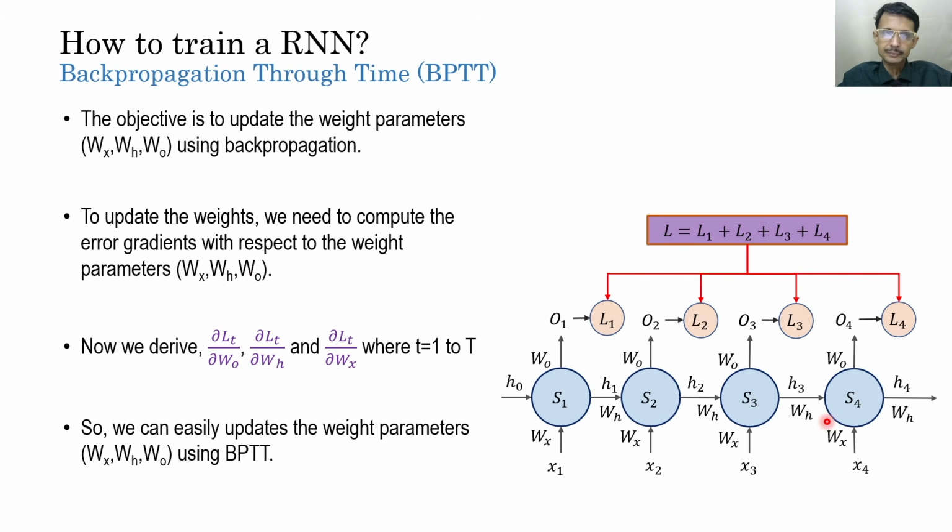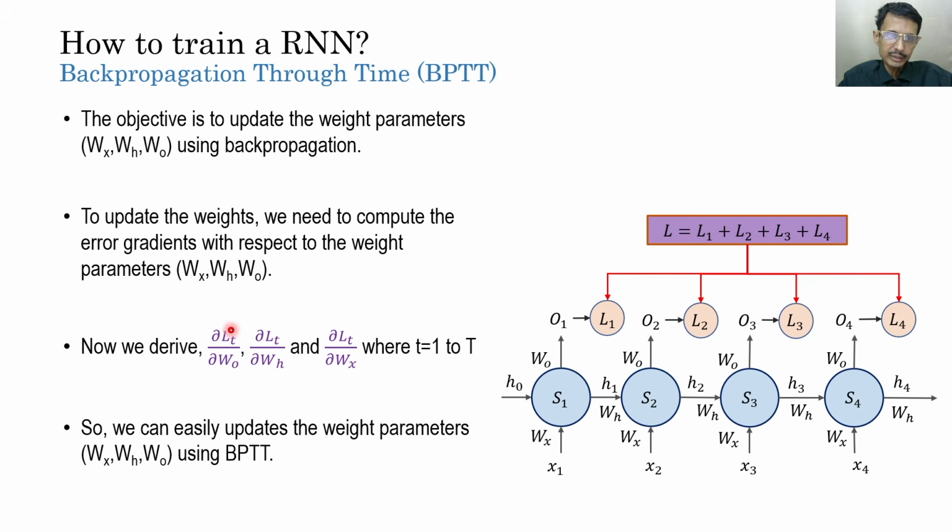To summarize, in this BPTT algorithm for the simple RNN, the main objective is to update the weight parameters Wx, Wh, W using the backpropagation algorithm. To update these weights, we need to compute the error gradients with respect to these weight parameters.